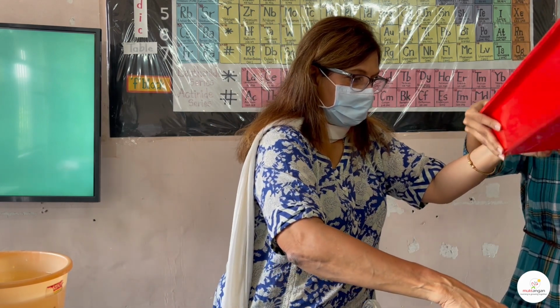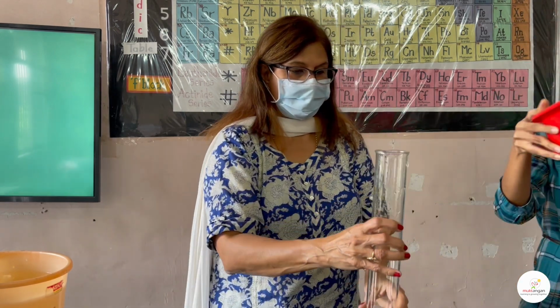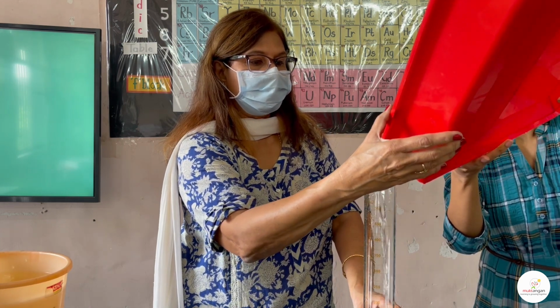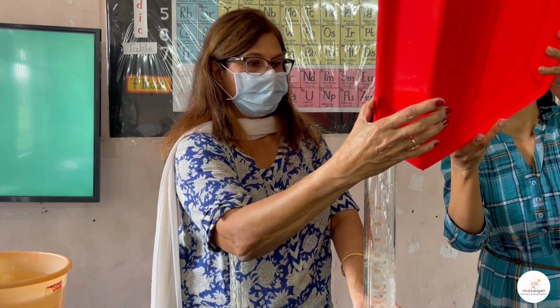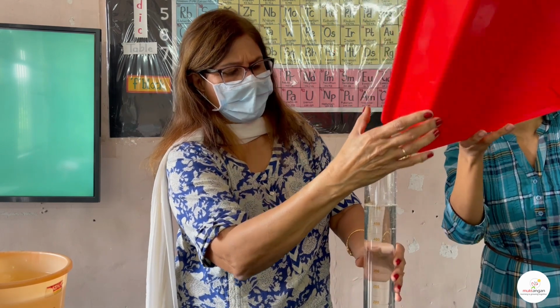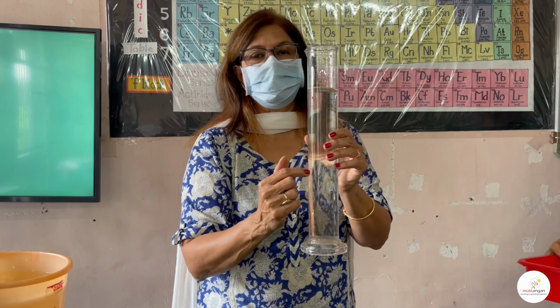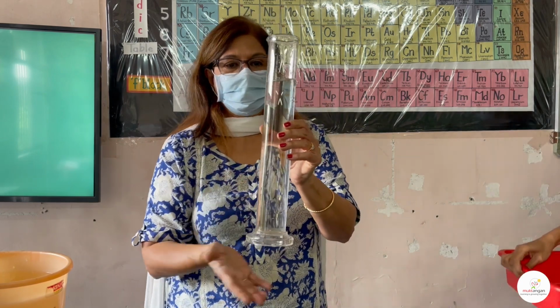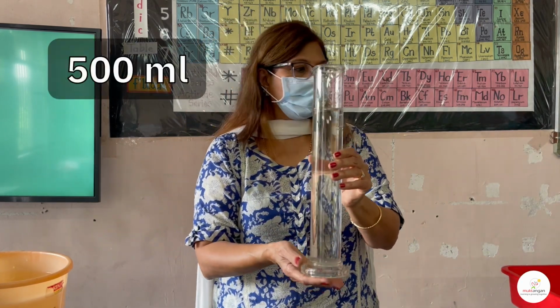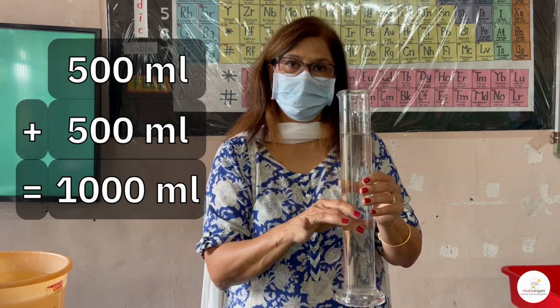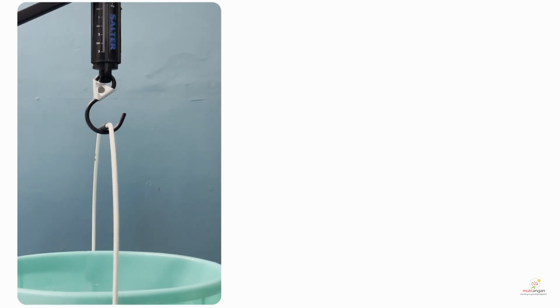So let's empty this cylinder. There is still some water left, so I pour the remaining water in it. And this is also 500 ml. So the total water displaced by our object is 500 ml before, and this 500 ml, that is 1000 ml or 1 liter. Now let's find out the weight of this 1 liter of water.